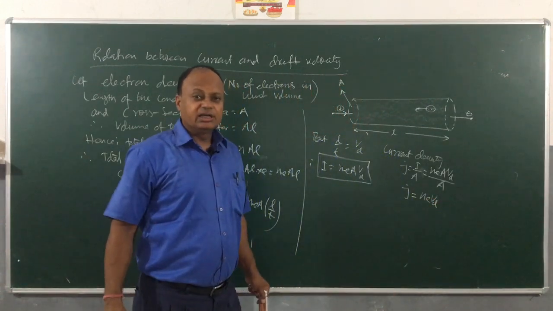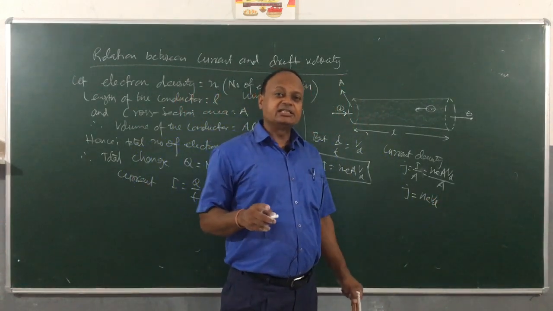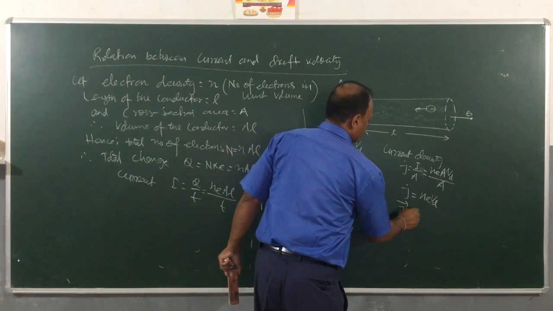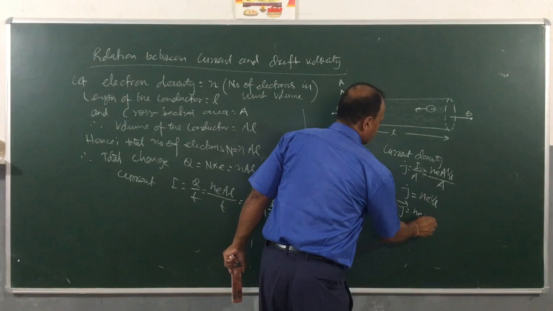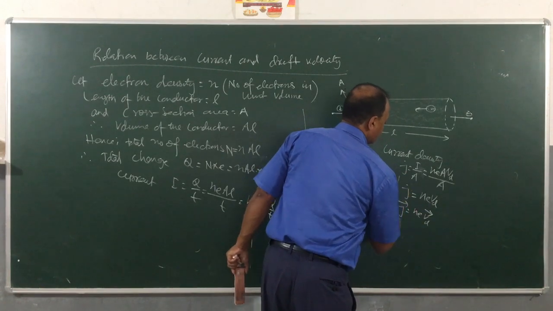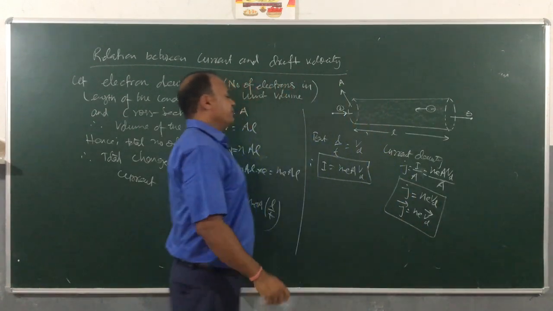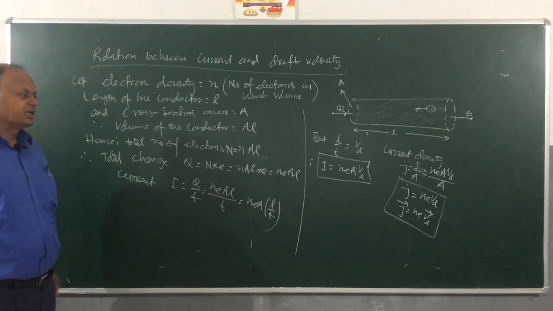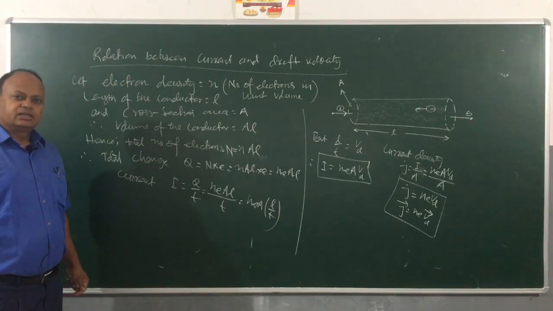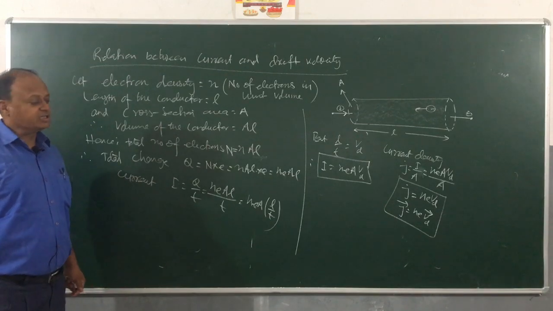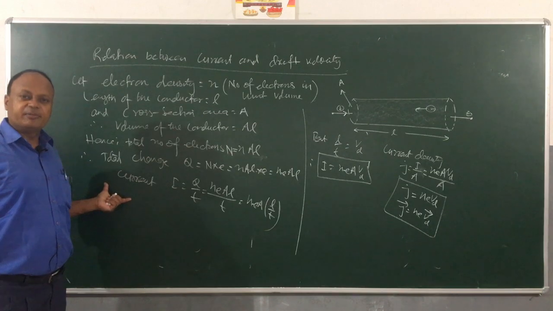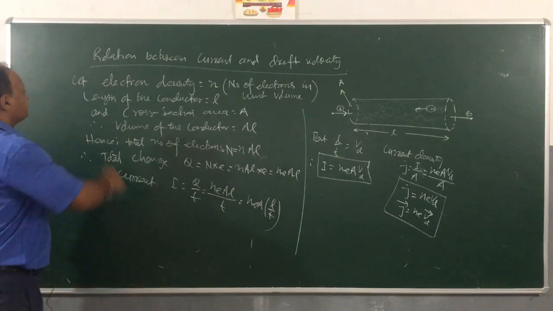And we also discussed yesterday that current density is a vector quantity. So in vector form we can write J vector is equal to n e into v vector. So we derived relations between current and drift velocity, and also between current density and drift velocity, besides the vector form also. This is an important discussion that we have had. Make sure you understand it.